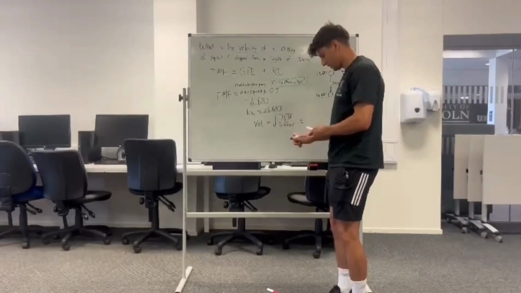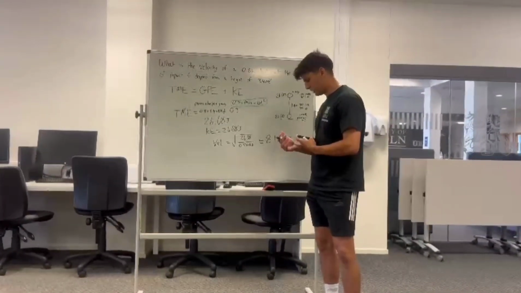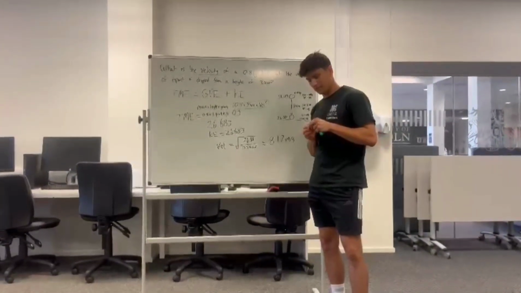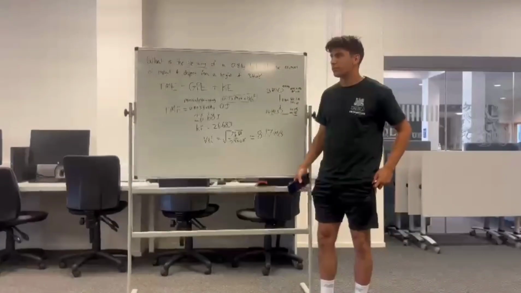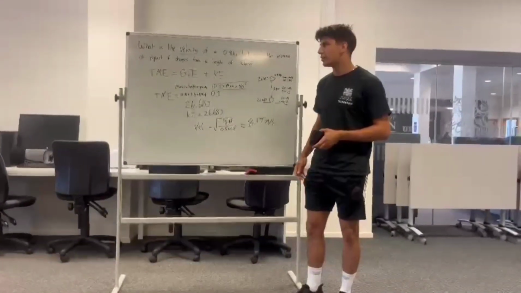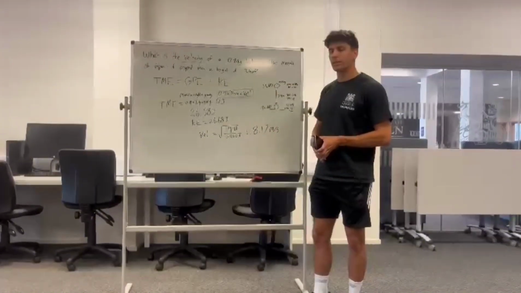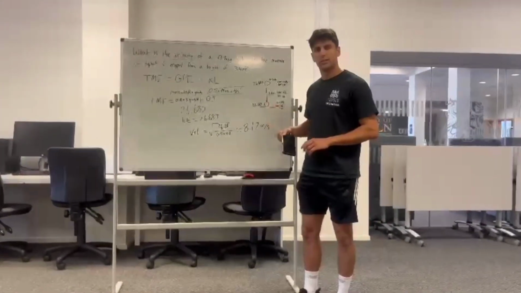Which is 8.17 meters per second. Velocity in meters per second. So that's the cool thing about energy. You can literally, from two numbers, mass and a height that it's dropped from, work out how quickly an object, in this case a ball, is travelling, which might be useful in your exam. Good.